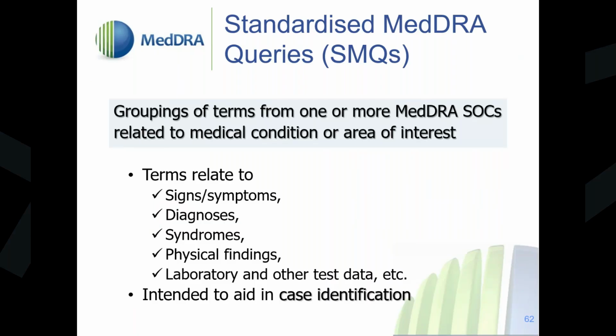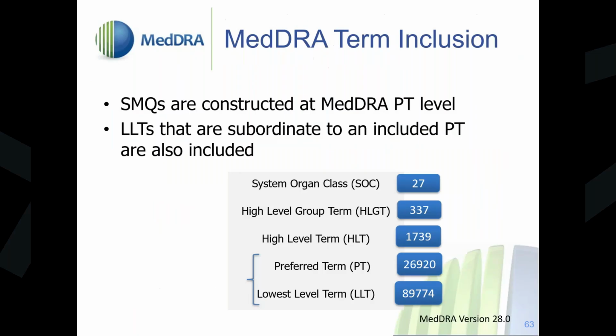So what standardized MedDRA queries do, they help you identify cases of interest, regardless of which system organ class they exist in. And the way that these standardized MedDRA queries are created is at the PT level. So when a standardized MedDRA query is created to identify a certain medical condition or an area of interest, it starts with the collection of the relevant preferred terms that are related to that area of interest or that medical question.